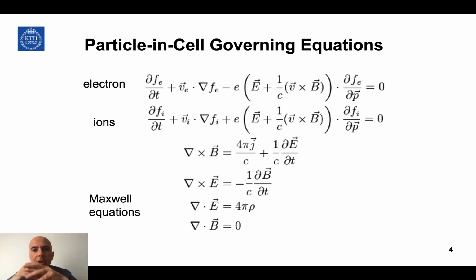In the kinetic approach, we model the evolution of the distribution function, and the distribution function depends on the velocity space, right? This means that we are capable of simulating all the phenomena that critically depend also on the velocity. So what are the phenomena that depend on the velocity? The typical phenomena where we need a description over the velocity are all the phenomena that regard wave-particle interaction.